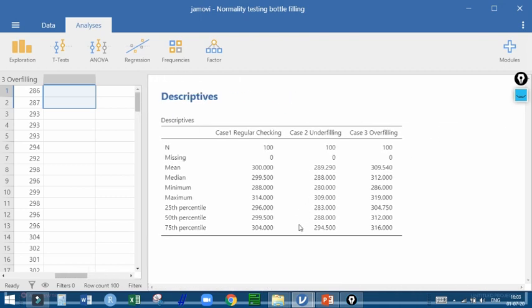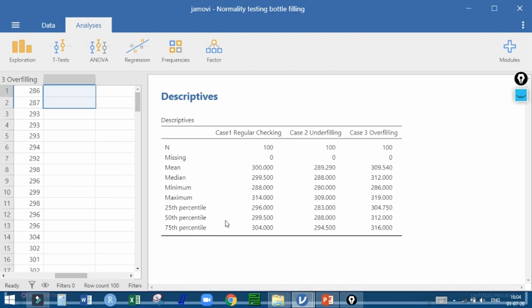If we check the descriptive statistics, for each case n is 100, missing 0, mean 300, 289.29, 309.54. You can check the minimum and maximum. There is a difference: in the first case minimum 288, maximum 314; here minimum 280, maximum 309; minimum 286 and maximum 319.